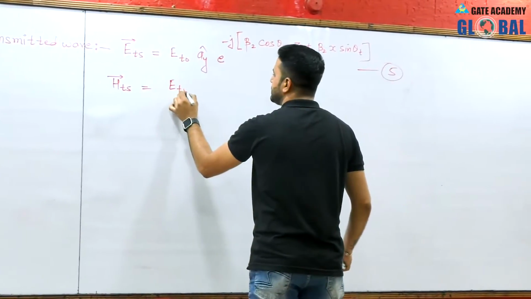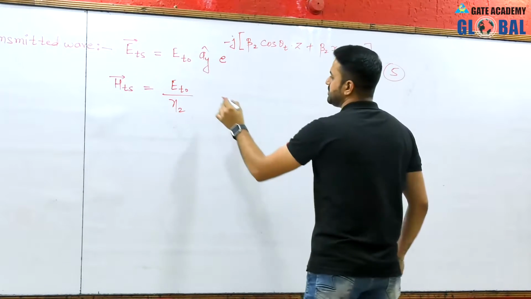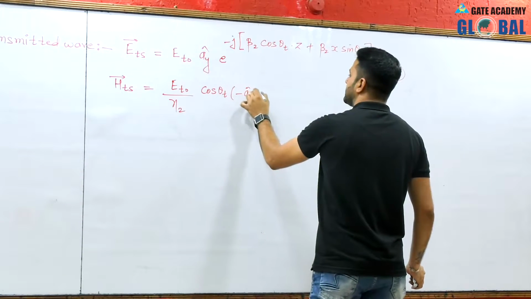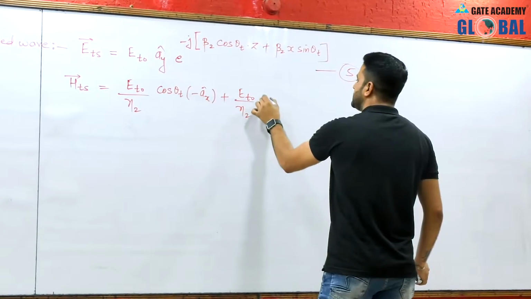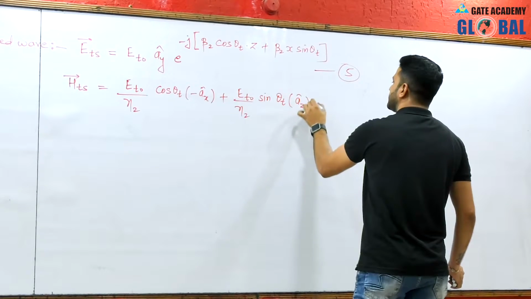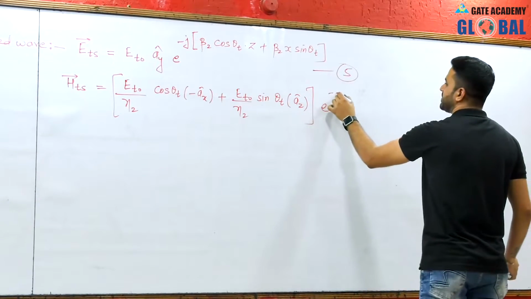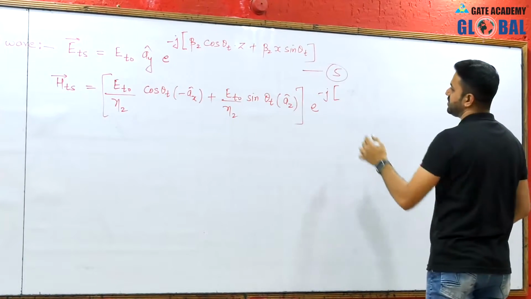So ET0 divided by eta 2, this is the peak value, cos component theta t in the negative x direction plus ET0 divided by eta 2 sine component in positive z direction, and this exponential term e to the power minus j, because the propagation vector will not change, so the k dot r will not change.